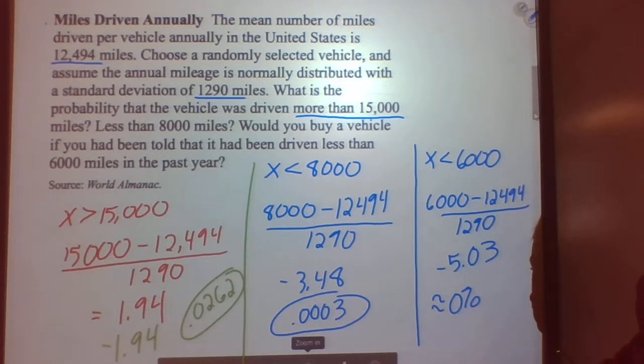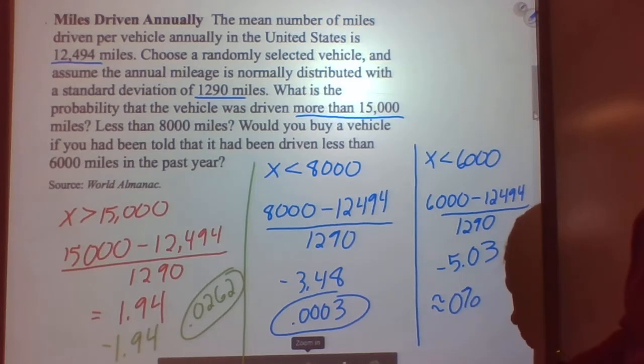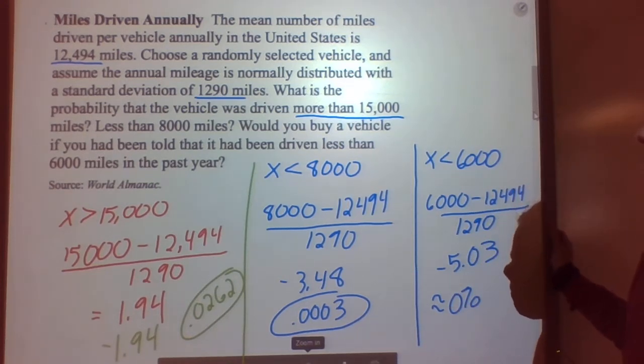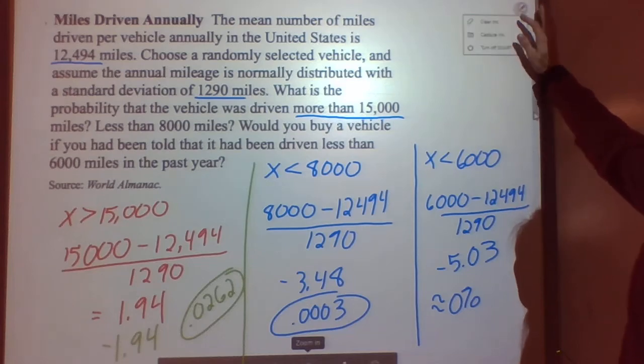If the z-score is so large, it's not on the table, you would say approximately 100%. Okay, so this -5 is not in my table. So there's almost a 0% chance that you get a vehicle that's driven less than 6,000 miles in a year. All right, let's try another example.